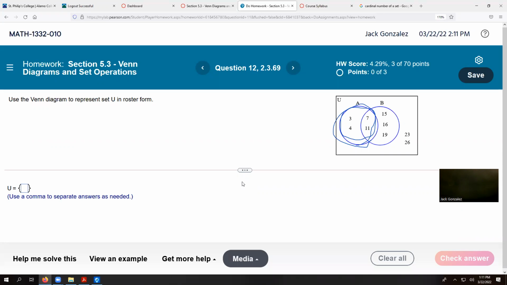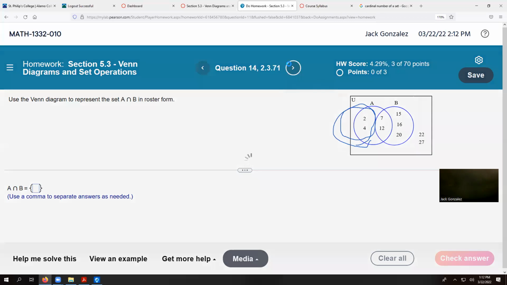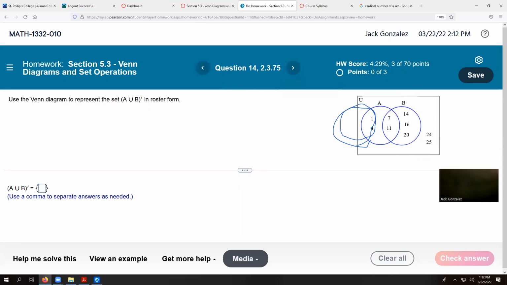Do you guys remember what complement means? If I told you to write down a complement, do you know what that means? I believe it comes up here, maybe 5-4. Yeah, here we go. Here's one of them. Here it says A union B complement.